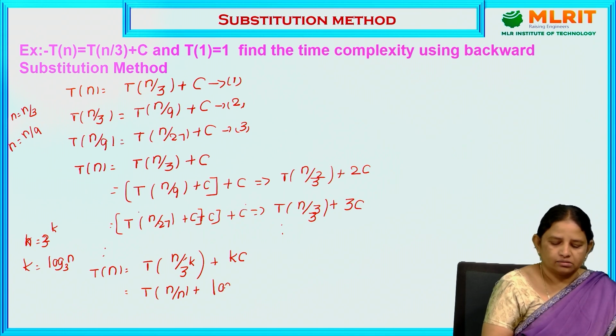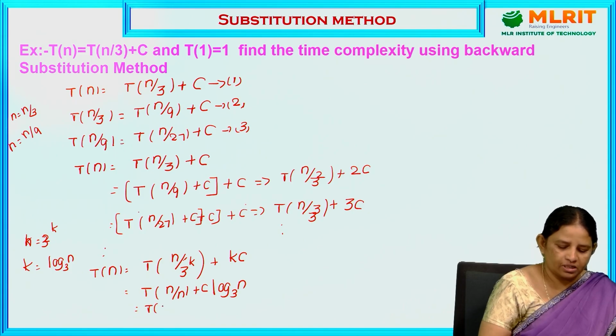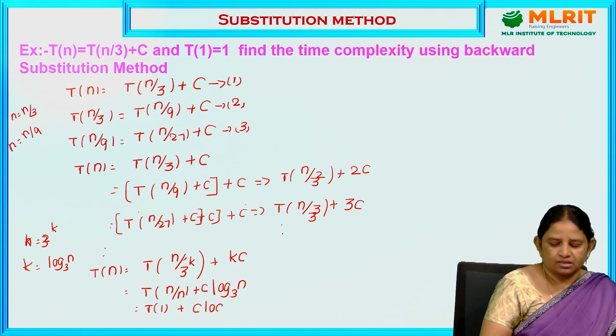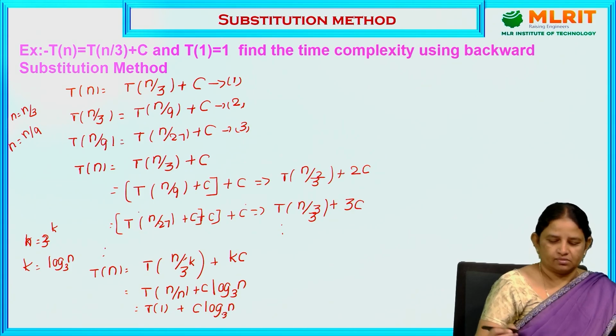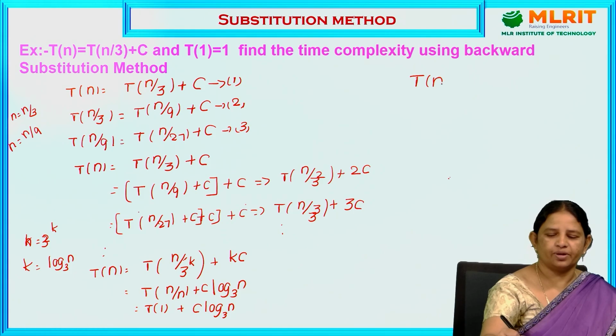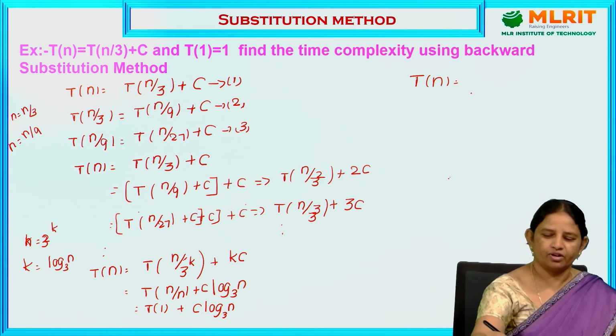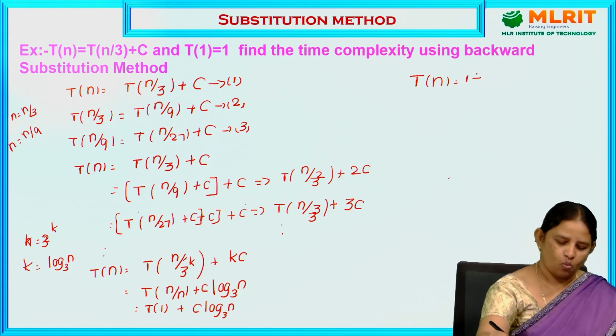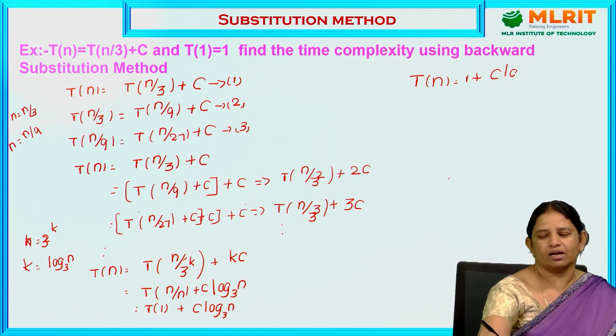That is c log n base 3. T of n by n means T of 1 plus c log n base 3. Therefore, T of 1 equal to 1, because when the base case is satisfied, we have to stop the iteration. So 1 plus c log n base 3.